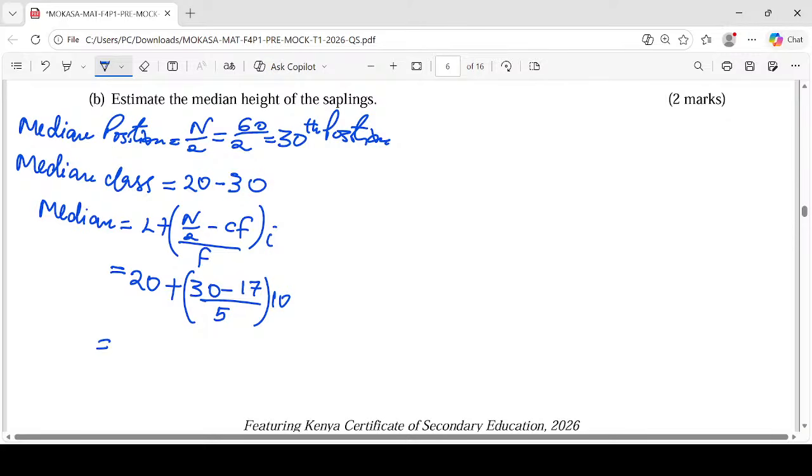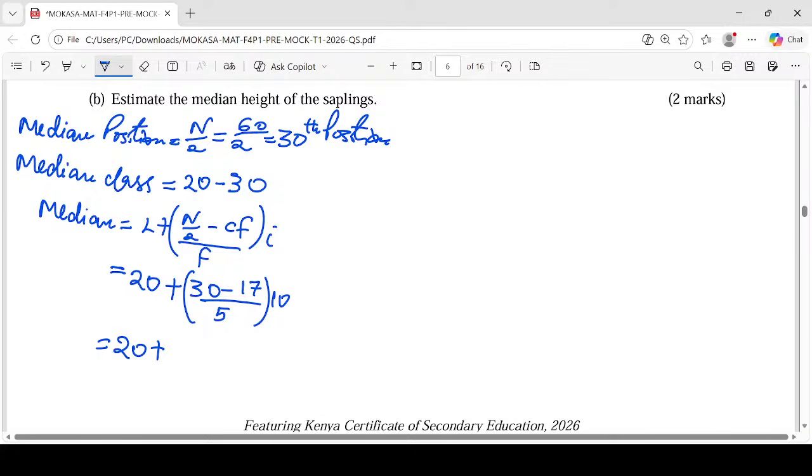So this will be now 20 plus 30 minus 17. Sorry, 30 minus 17 is 13, times 10 divided by 5.